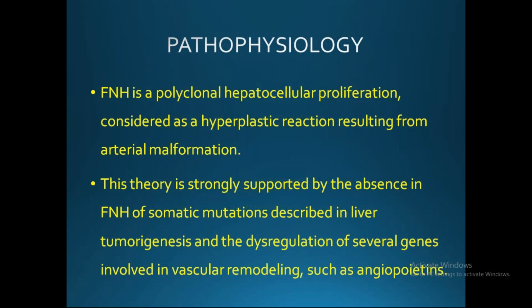The pathophysiology is hepatocellular proliferation due to a hyperplastic reaction. Always remember, as the name indicates, it is hyperplasia. Due to this reaction, there is hyperplasia of the cells. This results in arterial malformation.